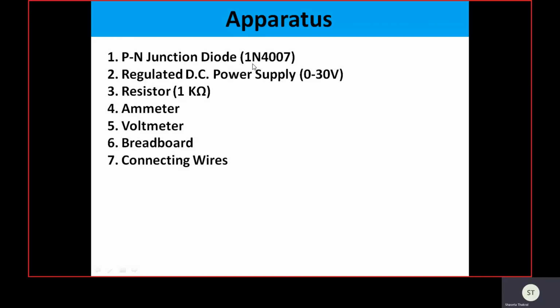If we perform this experiment physically in the lab, this is the list of apparatus we are going to use: the 1N4007 PN junction diode, then a regulated DC power supply, a variable supply in the range 0 to 30 volts, one resistor of 1 kilo ohm, then an ammeter and a voltmeter. Ammeters are of two types: a milliammeter for the forward biased PN junction diode and a microammeter for the reverse biased PN junction diode. Then we need the breadboard for making all the connections and the connecting wires.